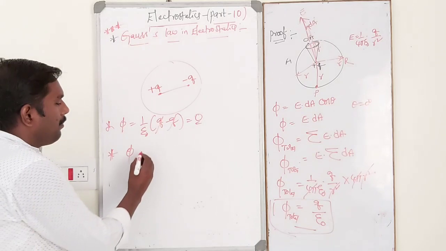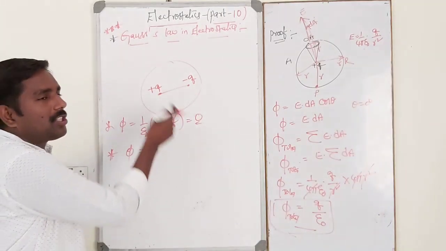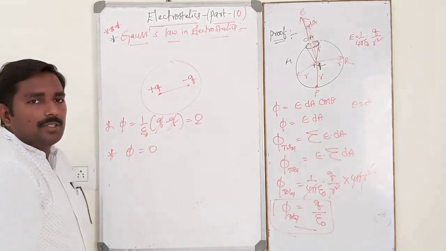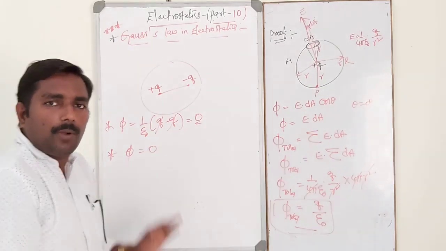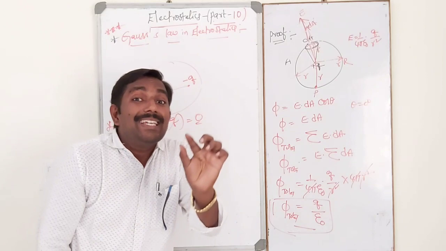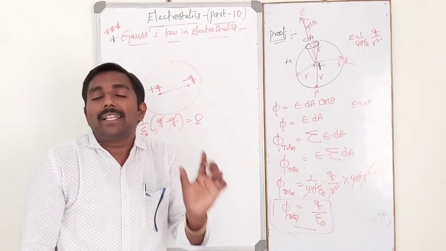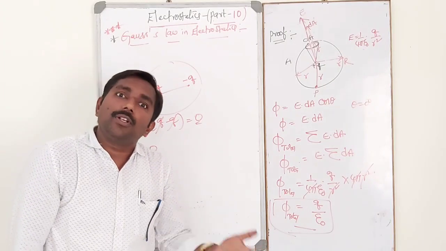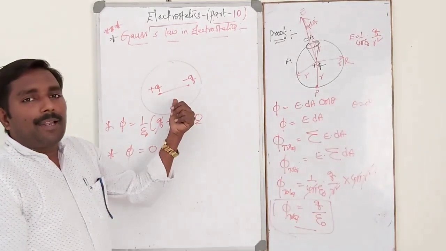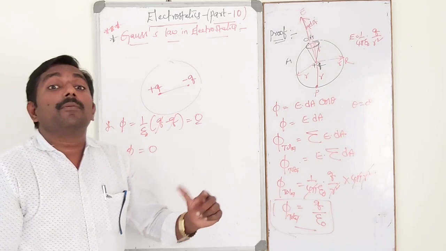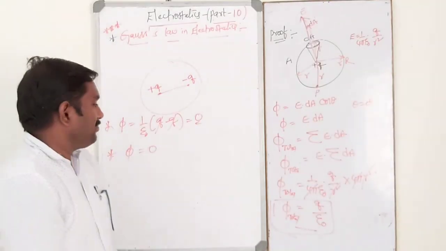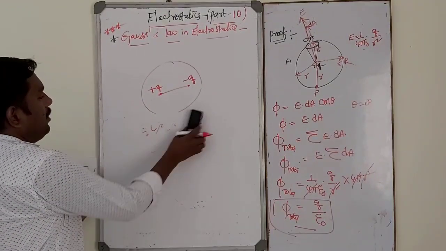Flux is 0 because the net charge will be 0. So if there is no charge inside the spherical surface, or equal and opposite charges are placed inside it, the flux will be 0.